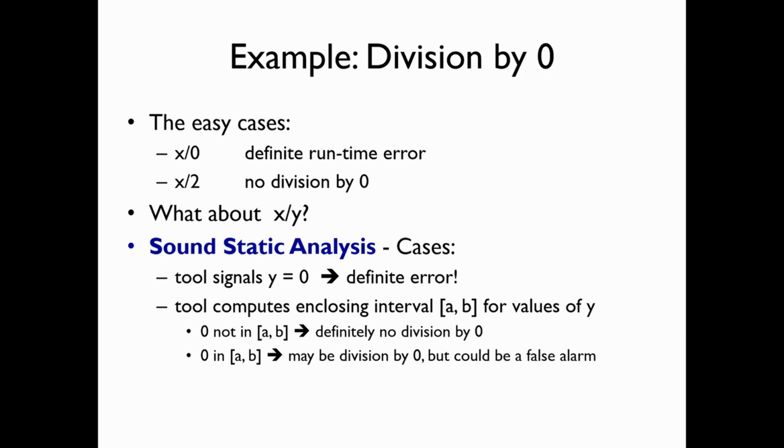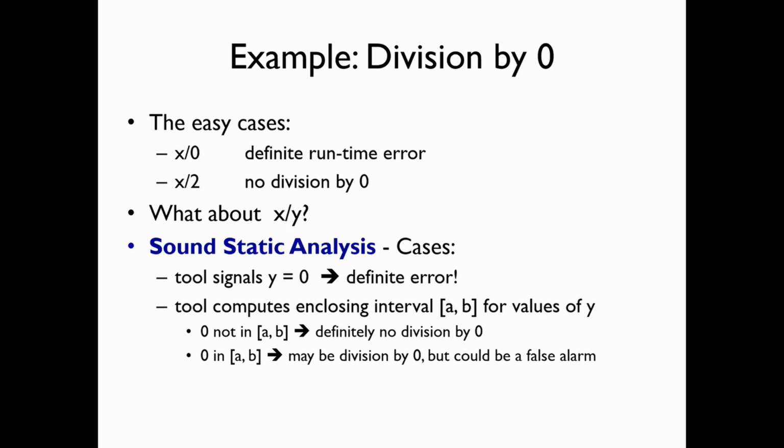In this case, y is sure to have value 0 when execution reaches this program point. So we have discovered a definite runtime error. If the analysis computes an interval for y at this program point that does not contain 0, we are sure that by evaluating x divided by y, no division by 0 can happen.